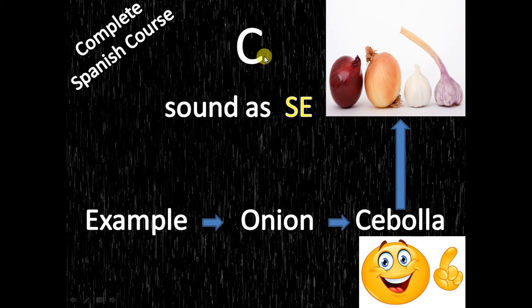Next, the letter C sounds as say. Example is onion. Onion is called cebolla in Spanish. Cebolla. So here the sound of CE is se. So we call cebolla.